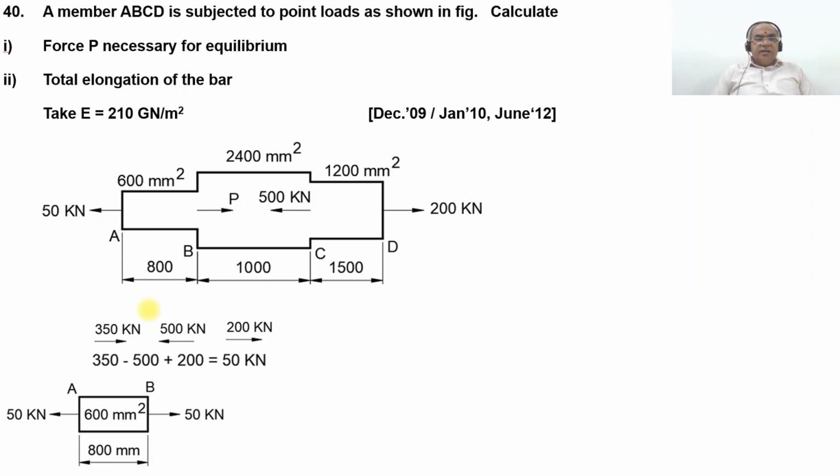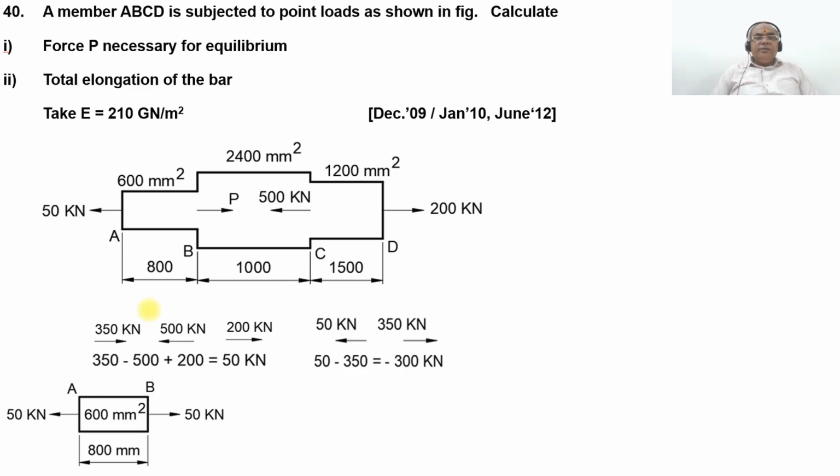So the first member AB is now in equilibrium, having an area of cross section of 600 mm square and a length of 800 mm, carrying 50 kilonewton. Now consider the second segment, between B and C. On the left end you have 50 kilonewton acting toward the left and 350 toward the right. So plus 50 minus 350 is equal to minus 300 kilonewton.